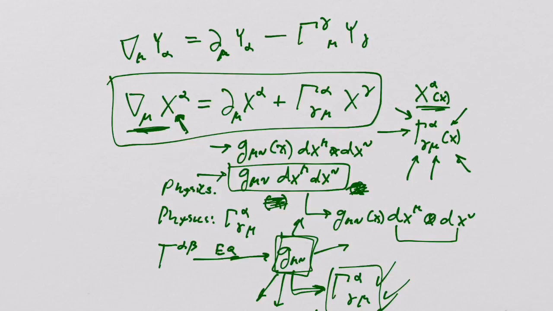We have the mu in the second slot, and we have to have an alpha left over, so we have an alpha here. So this is the rule for the covariant components of a covector. And this is just the convention.